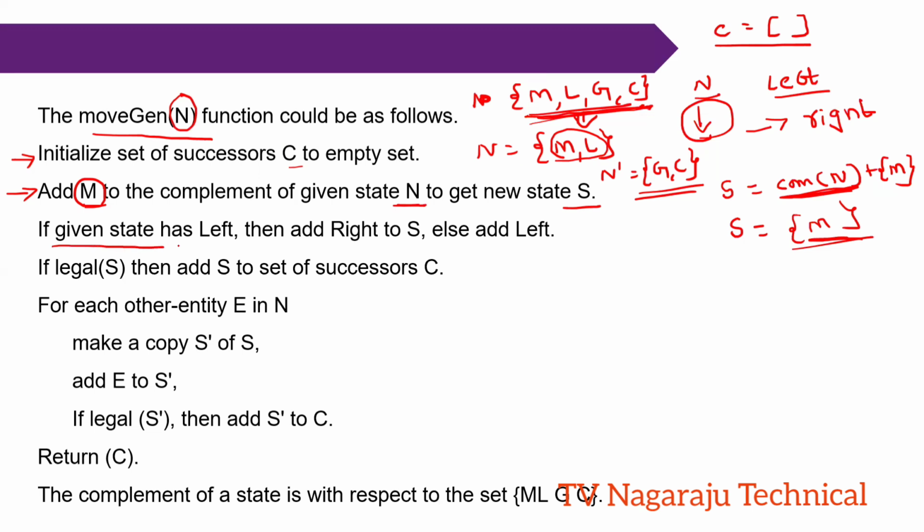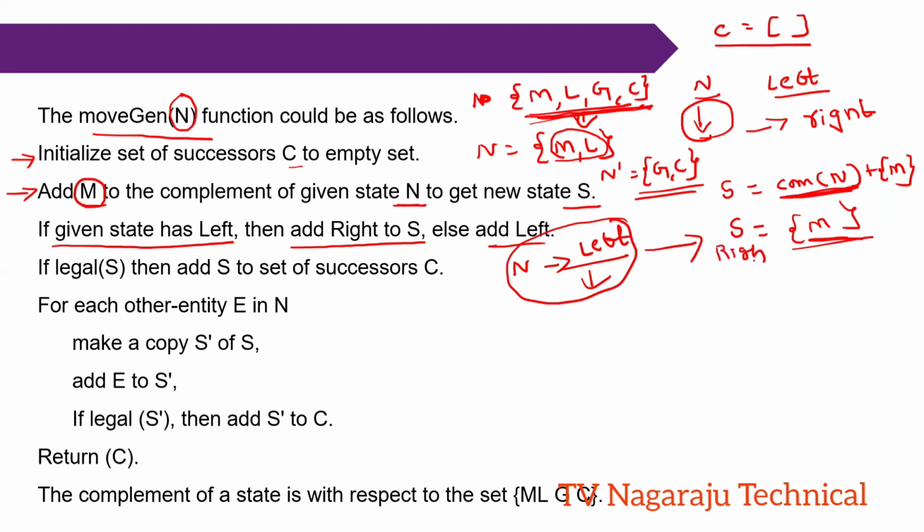Suppose the given state has left, then add right to S. Otherwise, add left to S. What is the meaning of this? Suppose your current state N includes left, which means the boat is on the left side. Then move the boat to the right side.